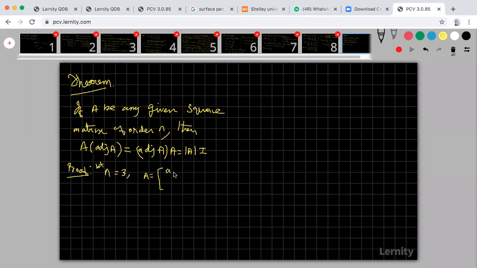So this is A11, A12, A13, this is A21, A22, A23, this is A31, A32, A33.